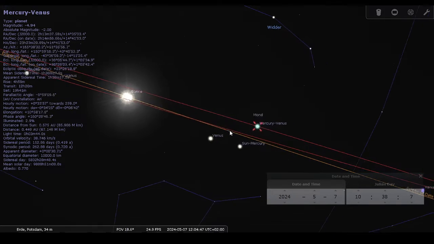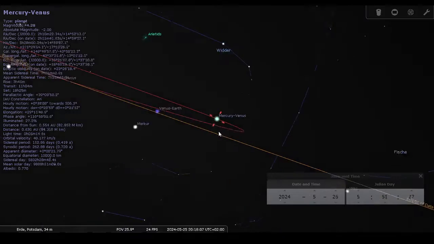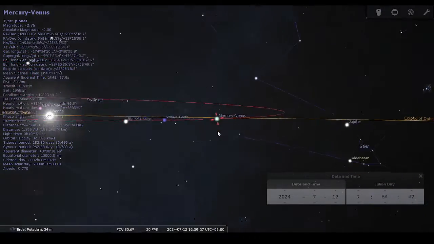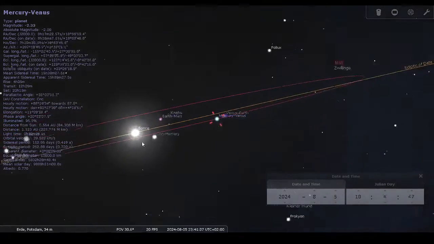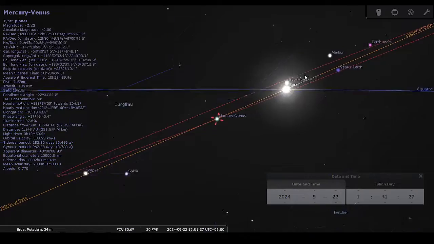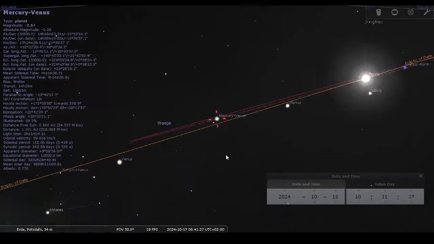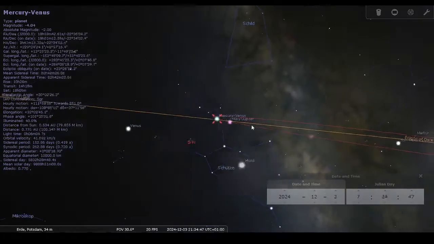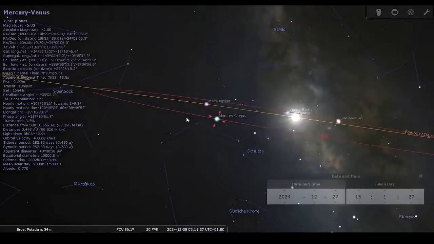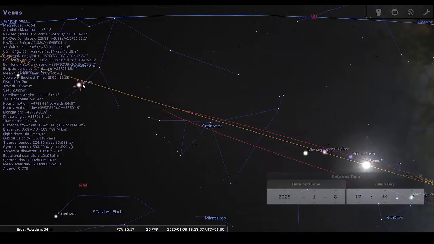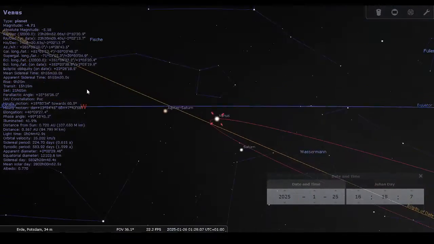But this planet is in between Venus and Mercury. If you're looking at Venus, there is Venus, and there Mercury. Mercury is faster than Mercury-Venus, of course. You see, Mercury is going back to the Sun, then Sun-Mercury, and then, of course, Mercury-Venus, and then Venus.